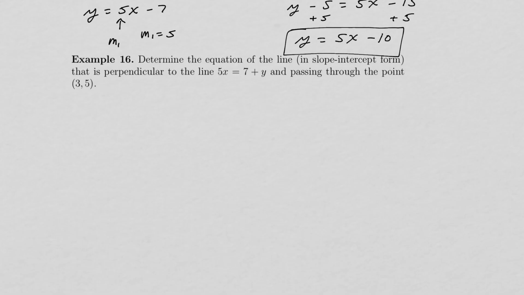So now what I want to do, just like before, is find the slope of the original line. We already did that, but let's just do it again because it happens to be the same equation.